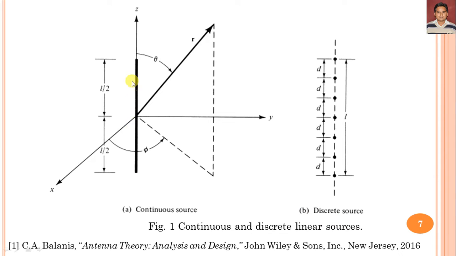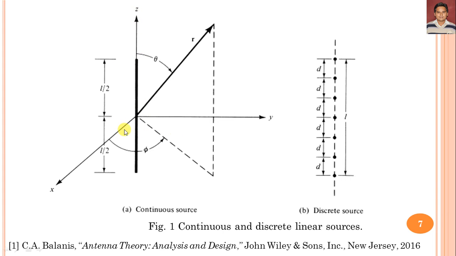Here you can see this is the continuous element, and we have considered the length L, from minus L by 2 to plus L by 2 with respect to the origin, and the angle phi from the x-axis and angle theta from the z-axis, and this is the observation point, and the distance from the origin is r. And we have considered here gamma is equal to theta when we are putting the continuous source along the z-axis.